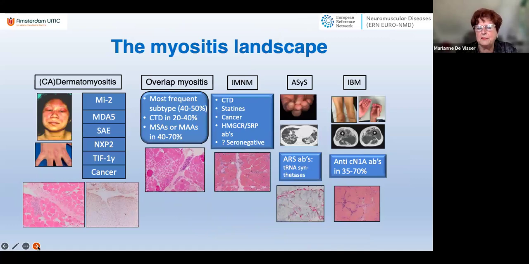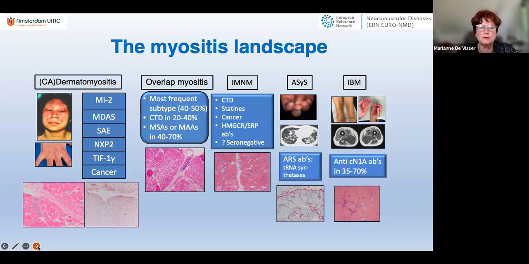This is a slide on the myositis landscape. You see here the 5 different disease entities with their clinical features, serological findings, the histopathology on the muscle biopsies, a CT scan of the thorax in anti-synthetase syndrome showing ILD, and the muscle MRI in IBM.